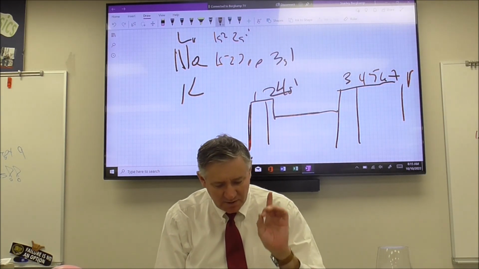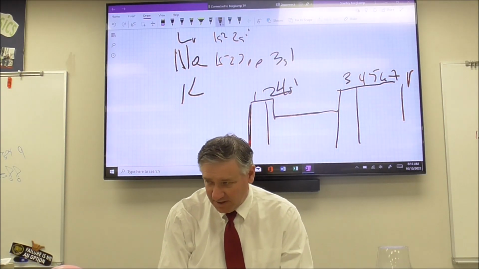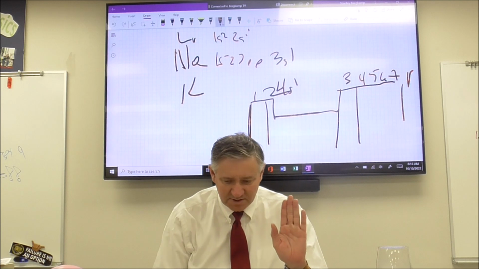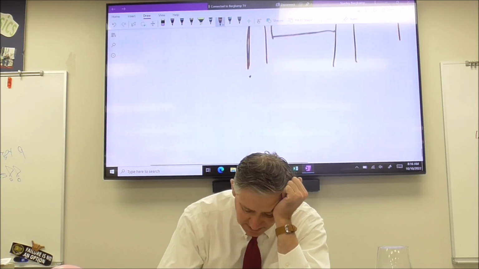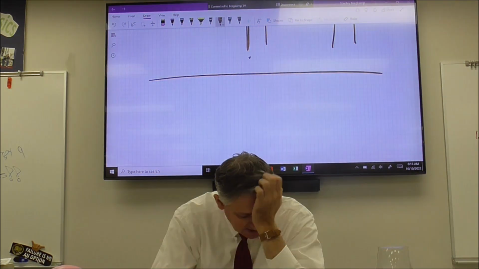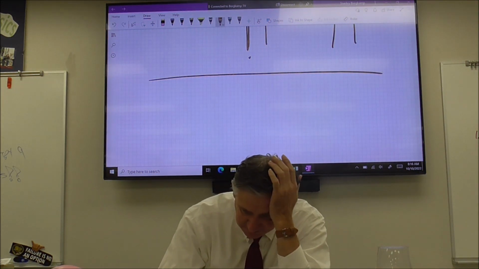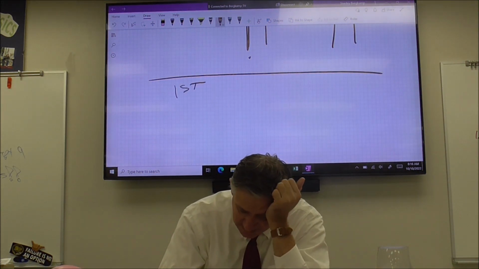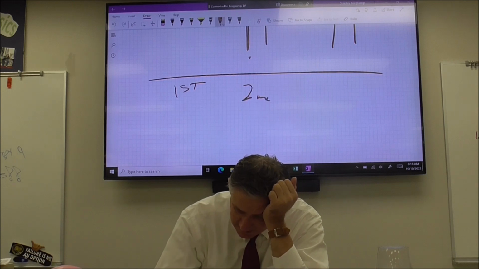When you get down to question number 12 on page 13, I want to make sure everybody's cool with it. It says, how many electrons can fit in each of the following energy levels? The first, the second, third, the fourth.